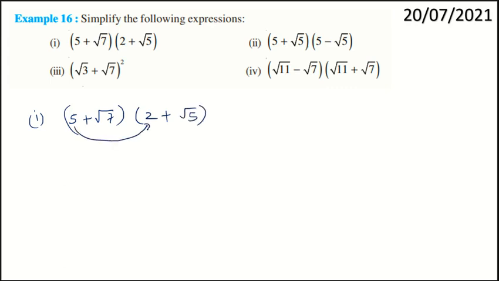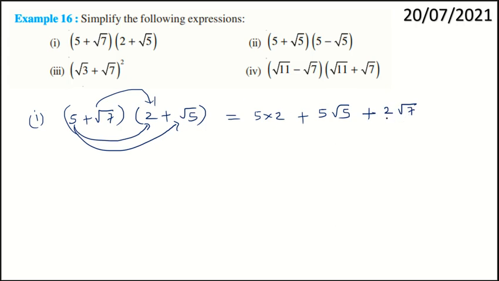Just like the distributive property, 5 2s are 10, plus into plus is plus, 5 into root 5, plus root 7 into plus 2, plus into plus is plus, 2 into root 7 is 2 root 7, or root 7 into 2, both ways we can write.